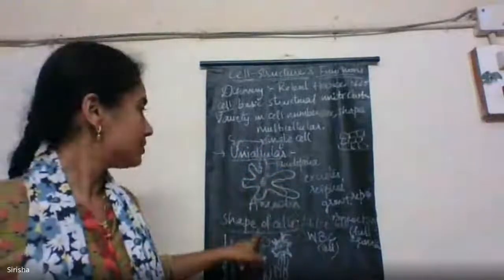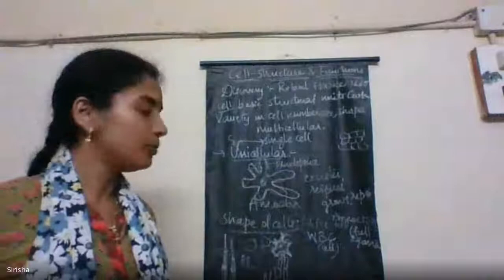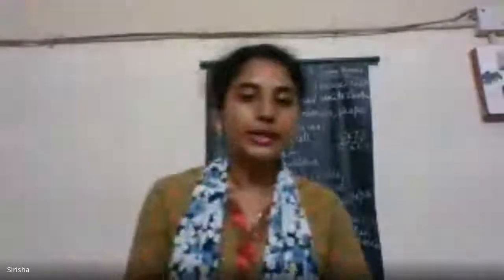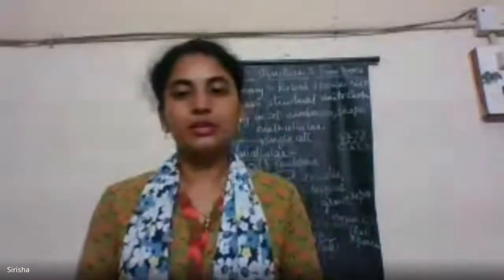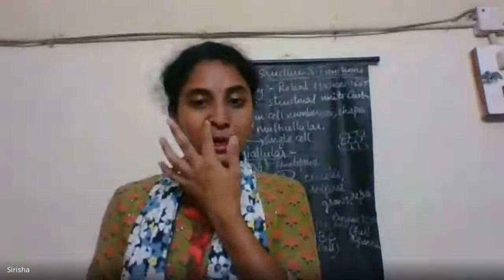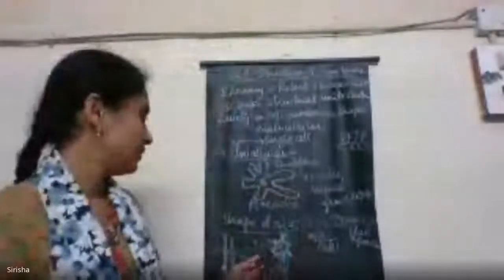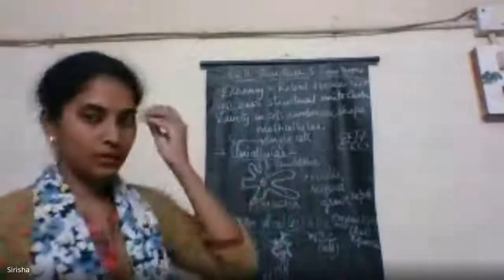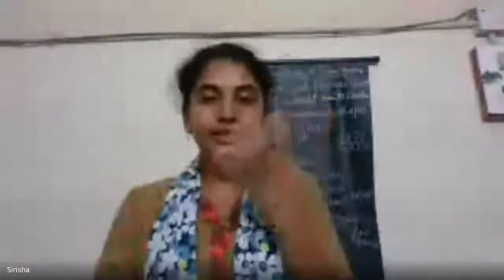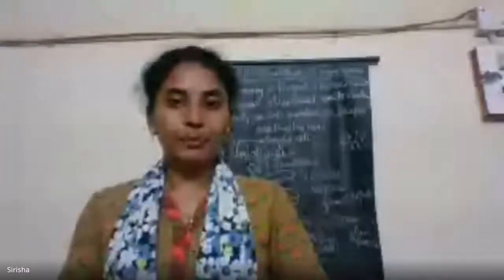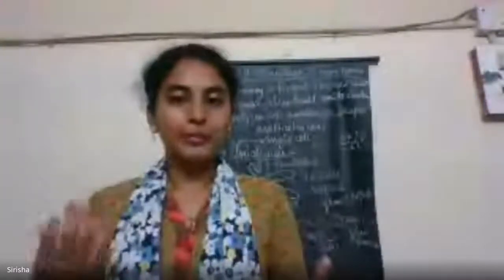Next comes the shape of the cells. You might have wondered what the shape of a cell is, ma'am. In different types of organisms, there are different shapes of cells. For example, our red blood cells, which are in our blood, are round in shape. Our nerve cells, neurons, carry information from the brain to different parts through electric impulses.